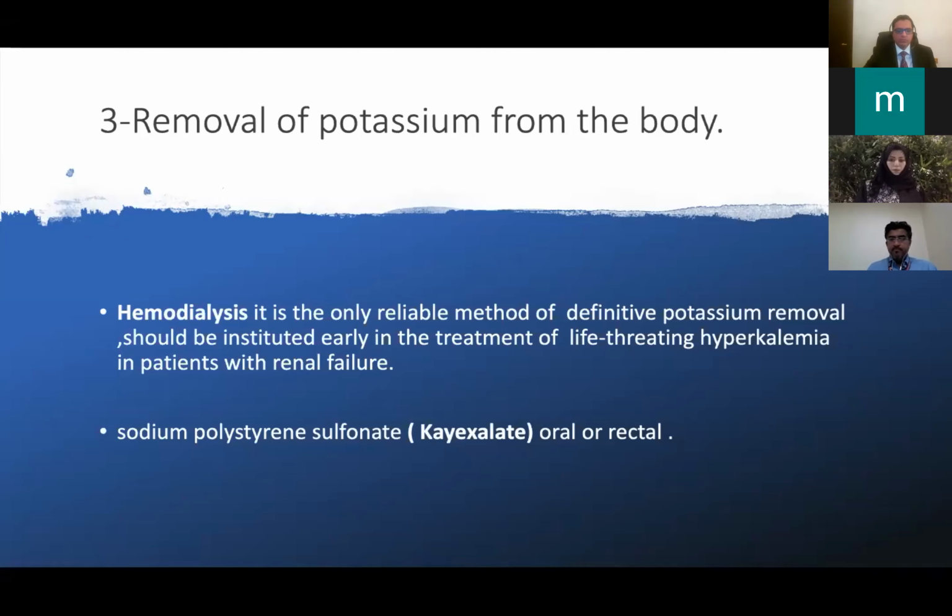And the second option, which is not favorable, is sodium polystyrene sulfonate, or Kayexalate, which also binds to potassium in the intestines and helps to excrete potassium by feces. Talking about this, the onset of action of Kayexalate will be approximately 4 to 6 hours, so it will not give any benefit for your patient in the emergency department.